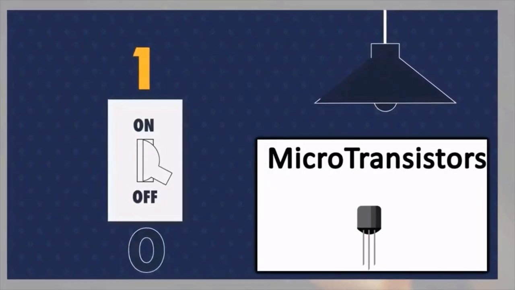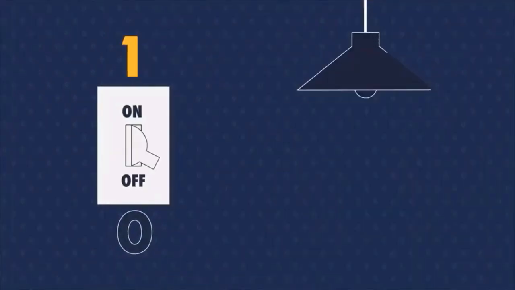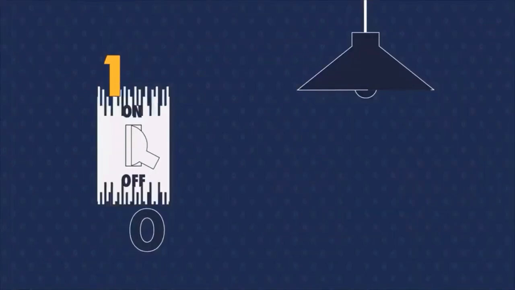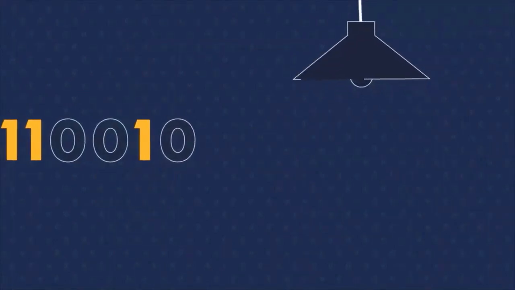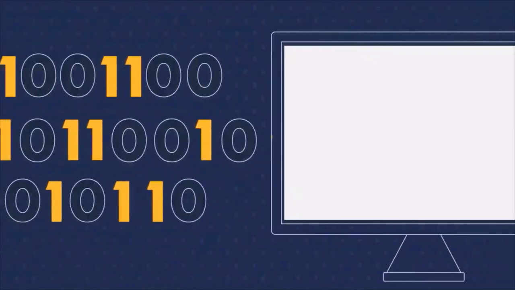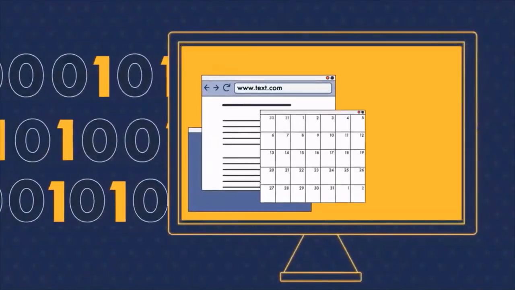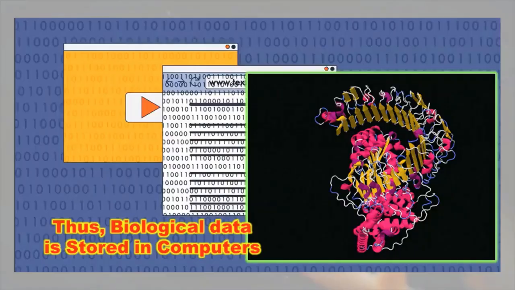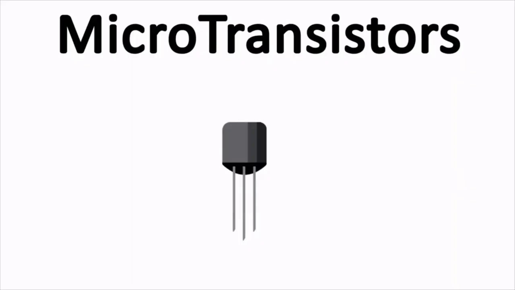So this is the fundamental principle behind the binary system, which is used to code in computers, and this is converted into the binary language, and it is stored in computers, and the data stored may be protein structure, sequences, anything.